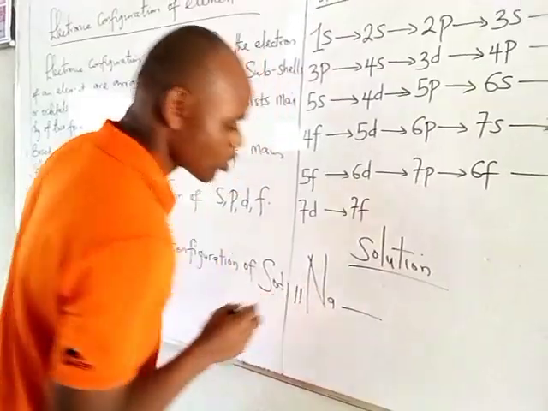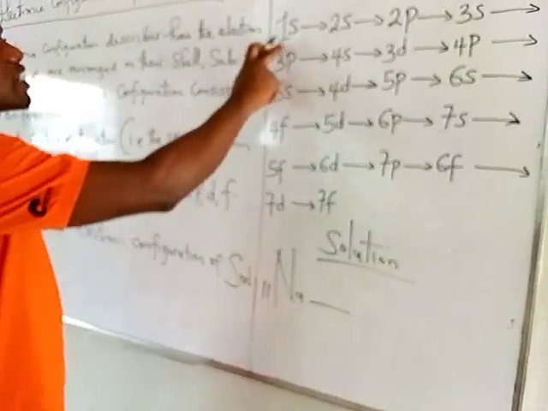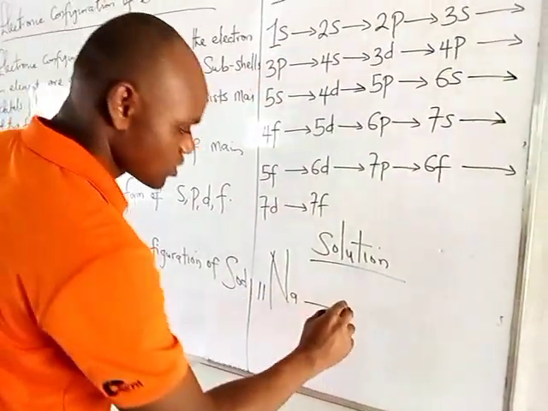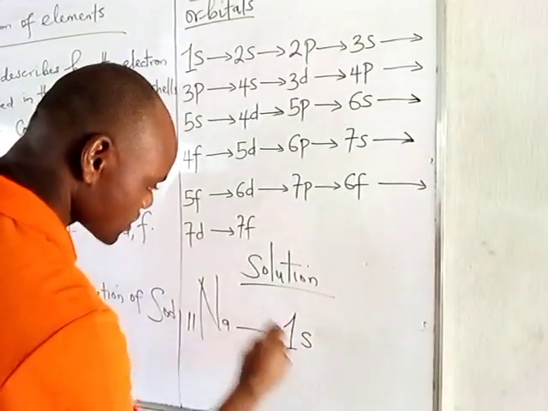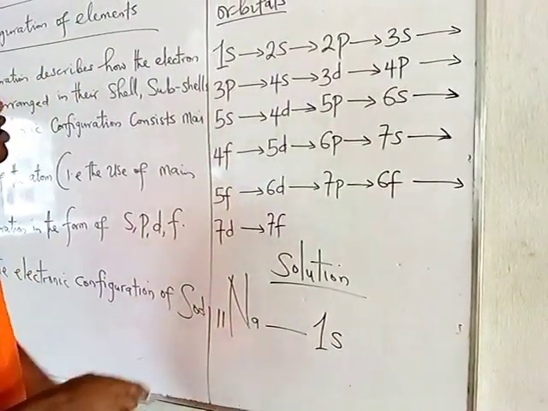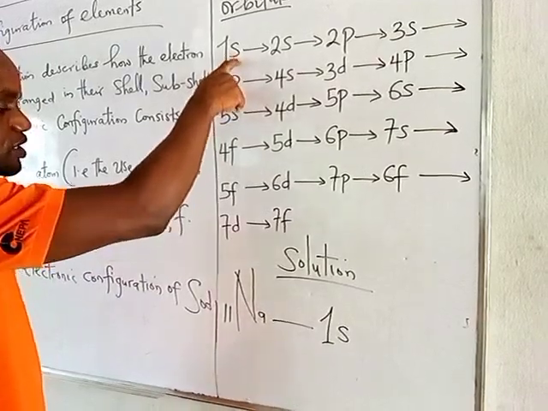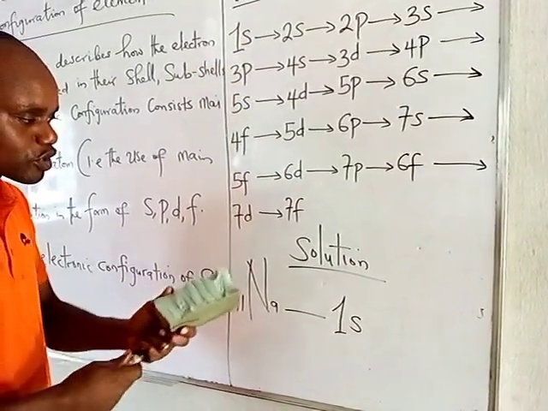Now let's start with the first orbital. The first orbital here is 1s. And we said the maximum number of electrons that can enter the s orbital is what? 2 electrons.